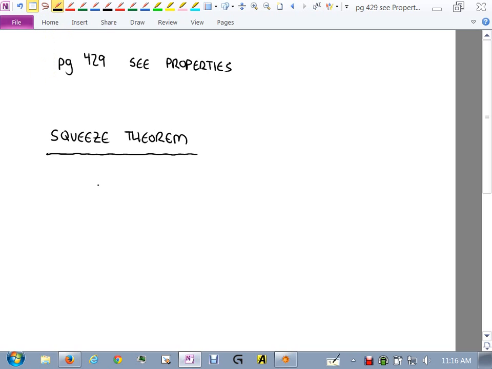Let's say we have a sequence in red here. Let's say it does this, and that's A sub n. Then let me give you a C sub n.